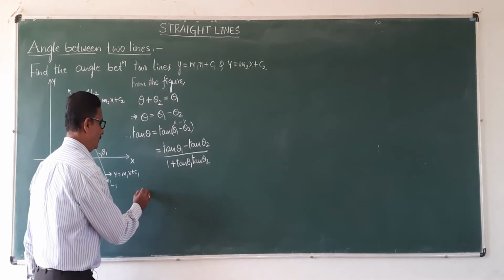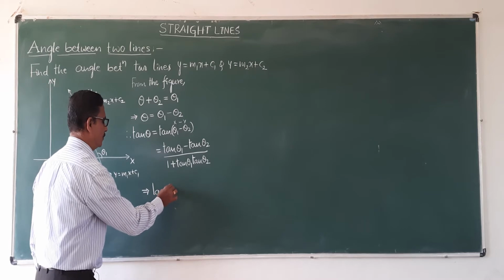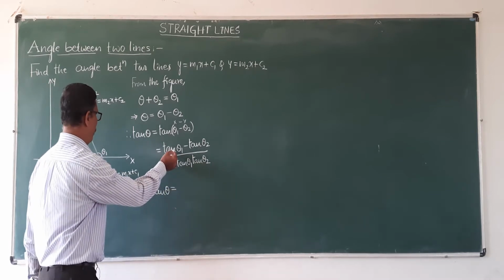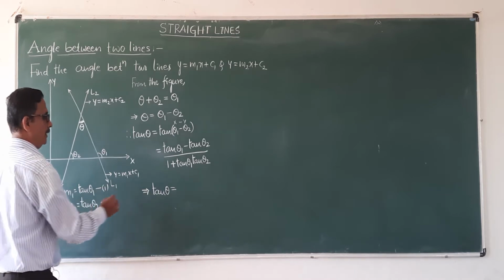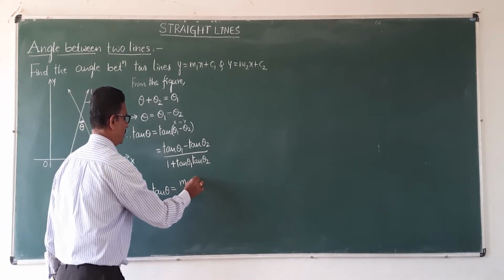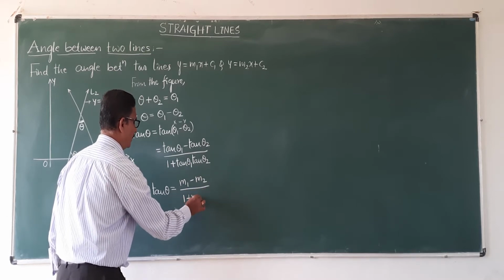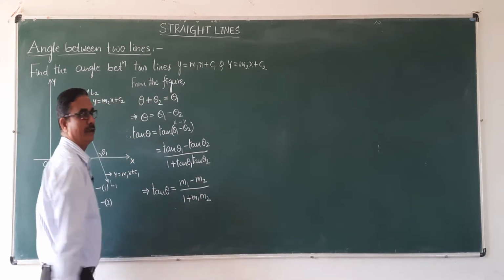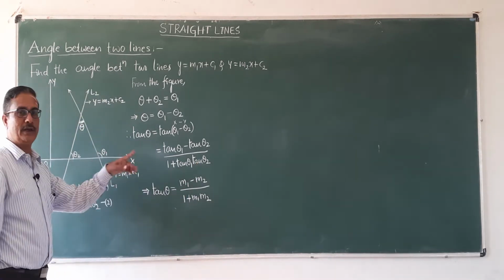Now this implies tan theta is equal to the value of tan theta 1, equation 1, m1, minus tan theta 2, equation 2, m2, divided by 1 plus m1 into m2, where m1 and m2 are slopes.